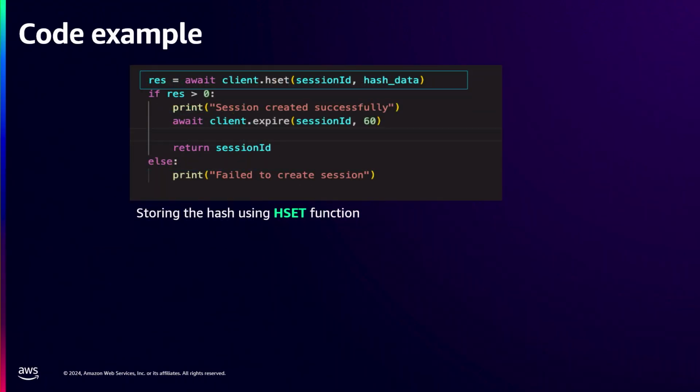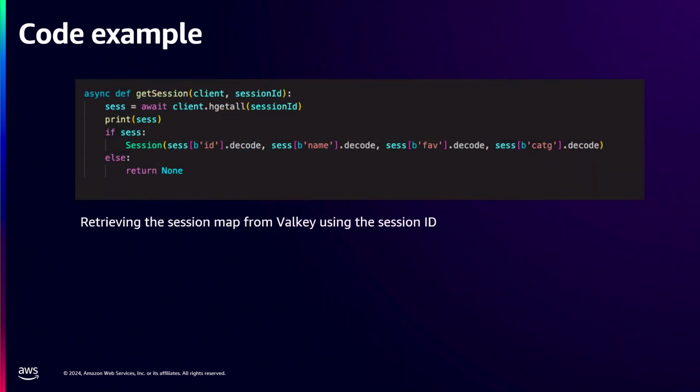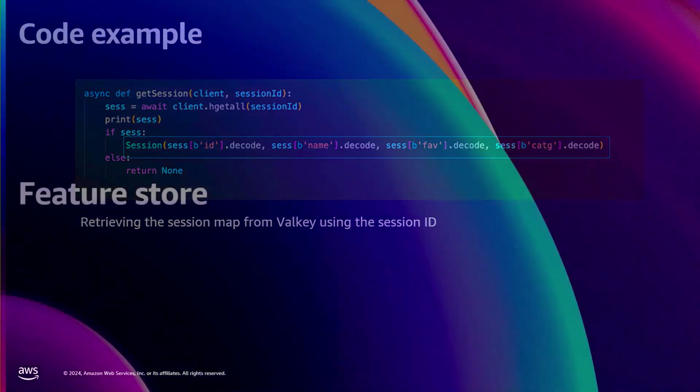We're going to store the session on Valkey, and for that, we're going to use the hset command with the session ID and the dictionary that we just created. And to retrieve the data, we're going to use the hgetall command with the session ID that we just generated. Now, we can unmarshal the data to decode it into the internal session object that we have in our application.